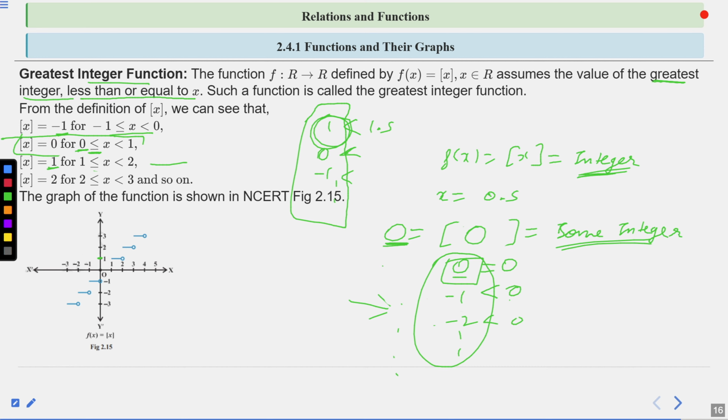So for this interval, we are getting output 1. The output will be the previous or the same integer. If the input is an integer itself, then the output will be the same integer. But if you have any decimal number, then the output will be the just previous integer number. Clear?